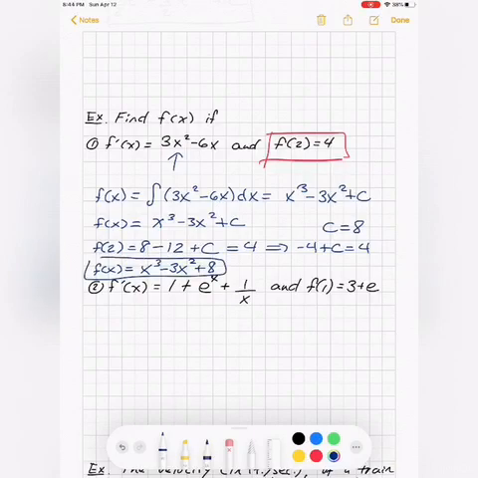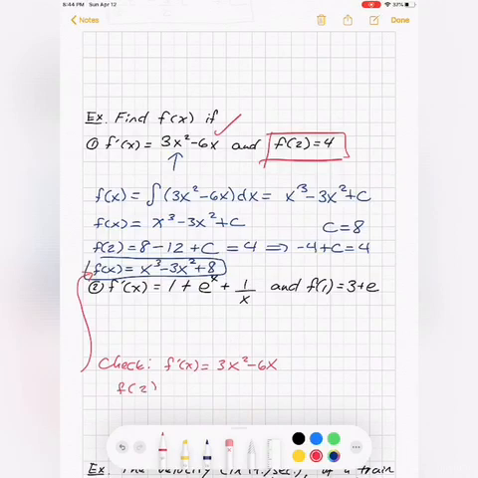So there's my function. So I can check a couple things. If I take the derivative one more time, let's make sure that's right. That matches. If I plug in 2, oops, where am I plugging into?